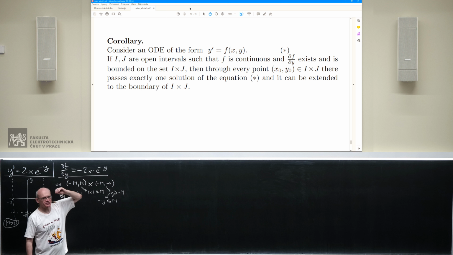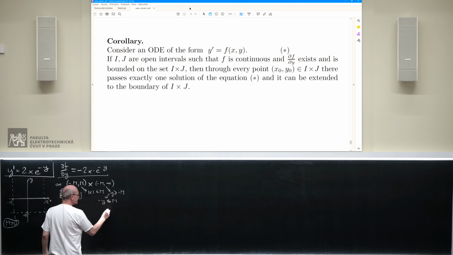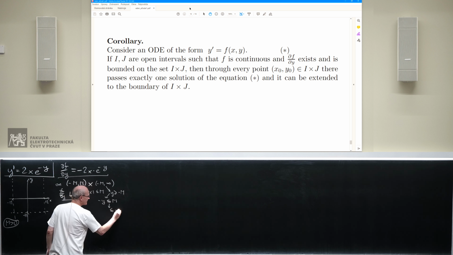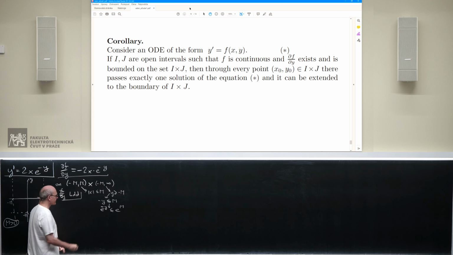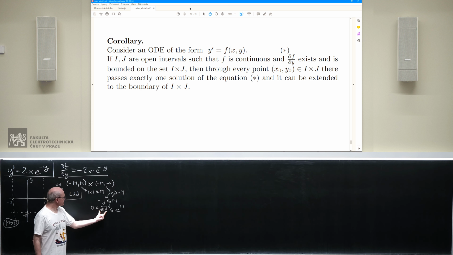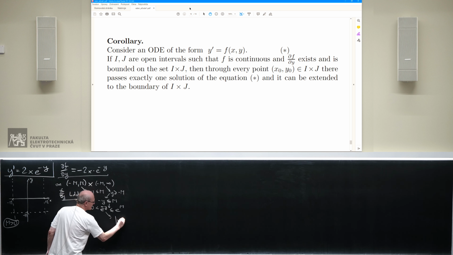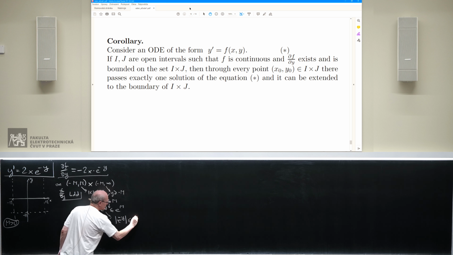And now I apply exponential to each side. Exponential is an increasing function, so the inequality stays put, and I get e to -y less than or equal to e to m. And moreover, exponential is always positive. And because it's a positive number which is bounded from above, I can pass to absolute value. And that's exactly what I wanted.